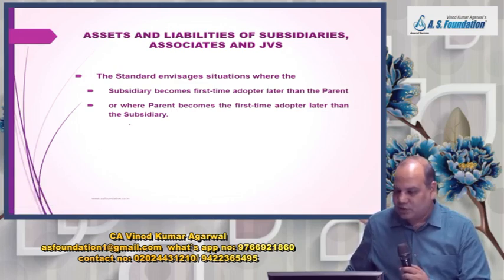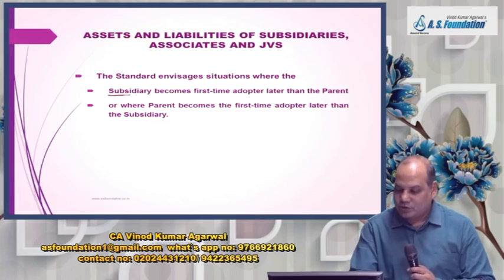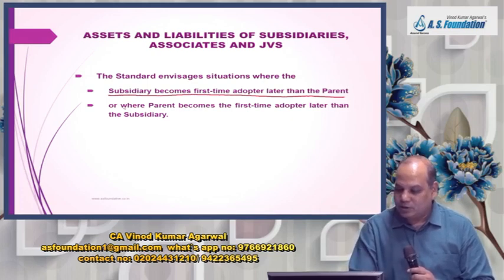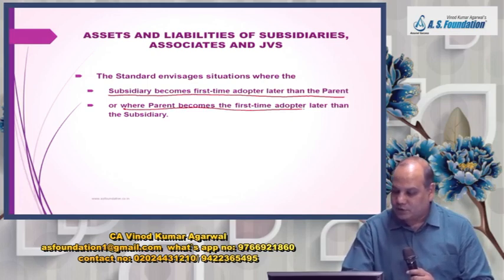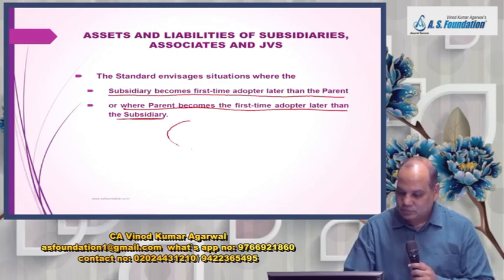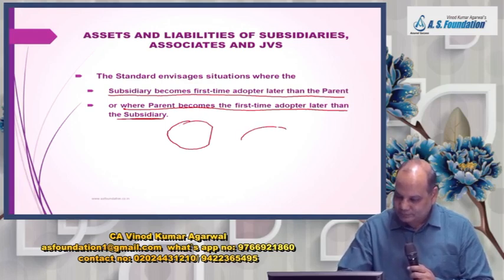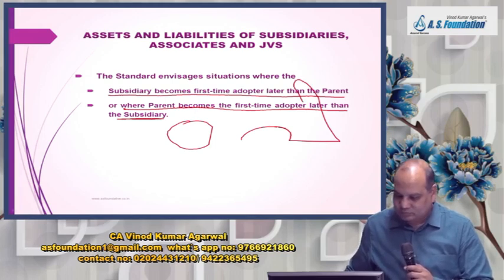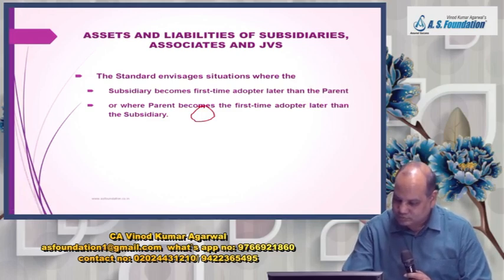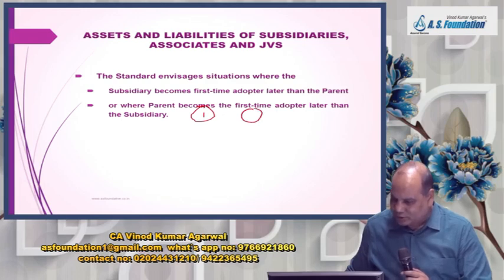This standard envisages situations where subsidiary becomes first time adopter later than the parent, or parent becomes the first time adopter later than the subsidiary. Okay. Small circle. Parent, subsidiary.